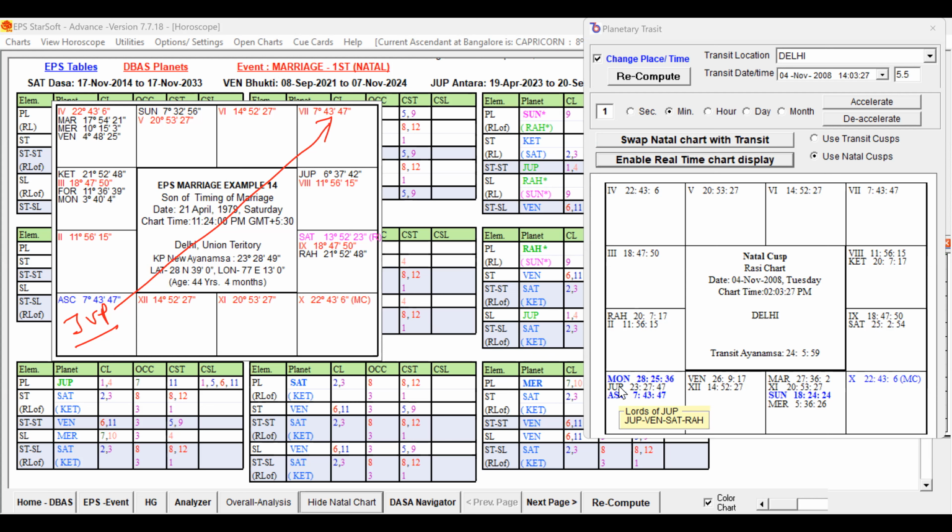Saturn is also 2 and 3 cuspal lord, and through the support with the Rahu, it is very good. So that also we have taken. Saturn is a key planet, and Venus also a key planet, that already is checked. Jupiter in the star of Venus, sub of Saturn. And the Dasa Lord is Jupiter. Bhuktī Lord is Venus.